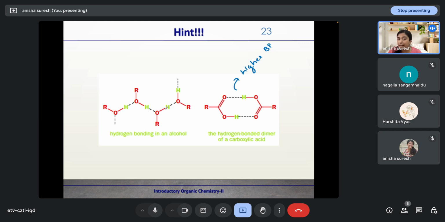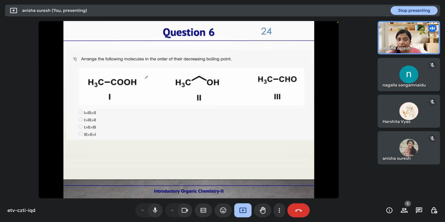It is also having hydrogen bonding, so that will be coming next. Since in the case of aldehydes there is no possibility for hydrogen bonding interactions, it is having the least boiling point. So the right option will be option C. Any doubts?